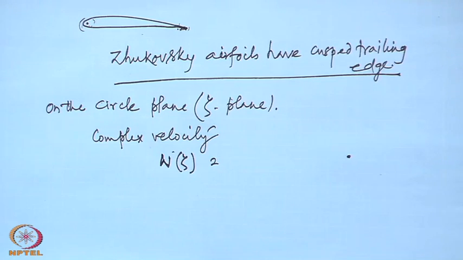The complex velocity is given by a free stream, a point doublet located at the center of the circle, and a clockwise circulation.